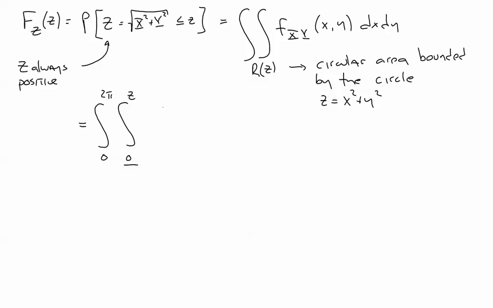Continuing with my integral, my integrand is 1 over 2 pi sigma squared e to minus r squared over 2 sigma squared r dr d theta, not sigma. All right, we're talking polar coordinates here, so r squared equals x squared plus y squared in polar coordinates.